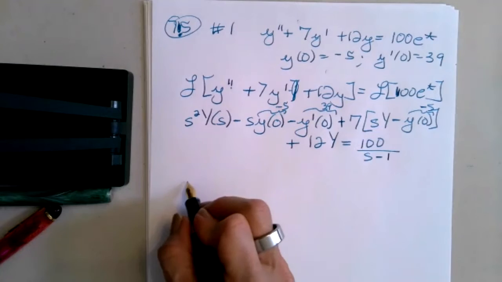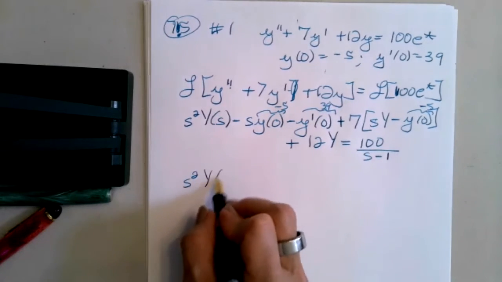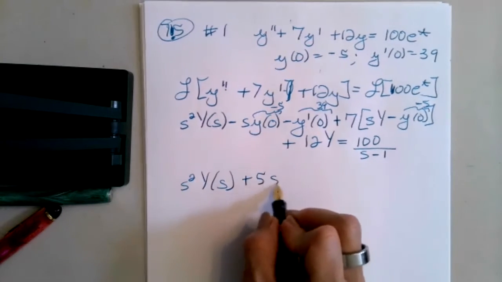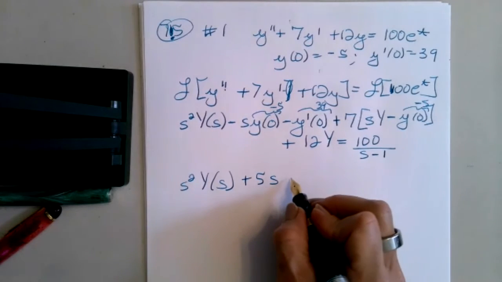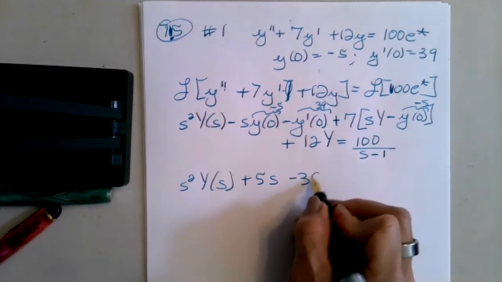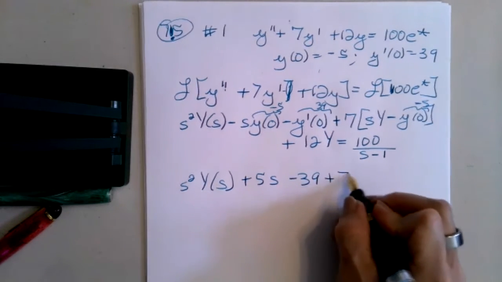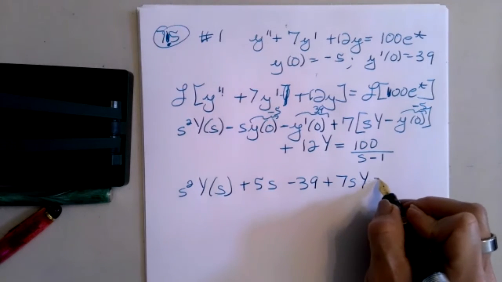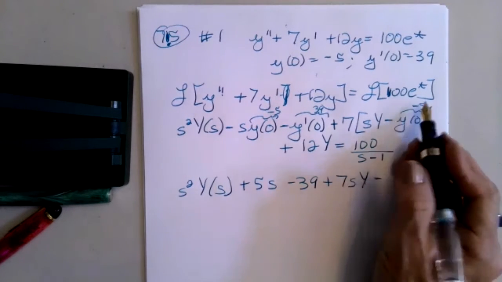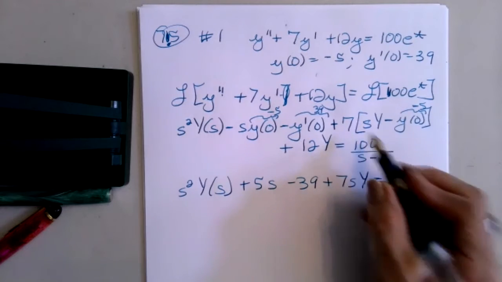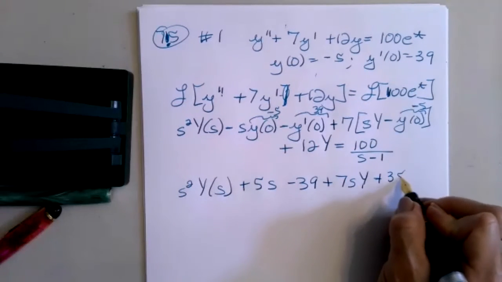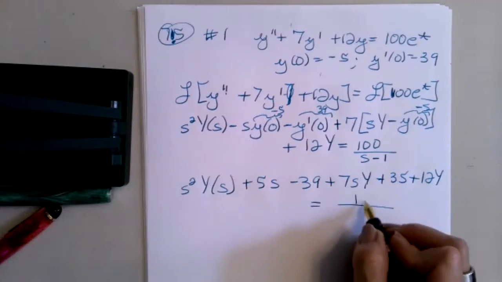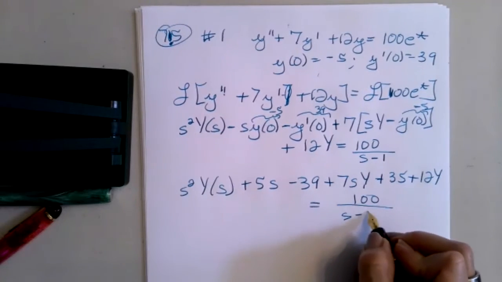So we have s squared y of s, then we have plus 5s minus 39 plus 7s times y, plus 5 times 7 is plus 35, plus 12y is equal to 100 over s minus 1.